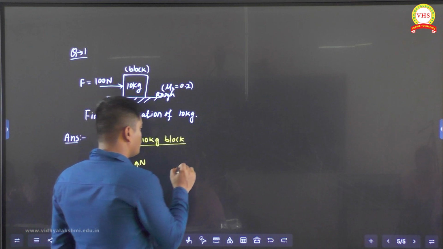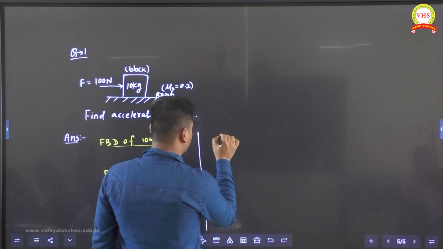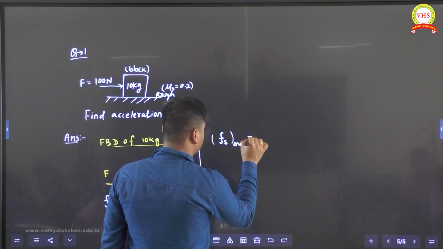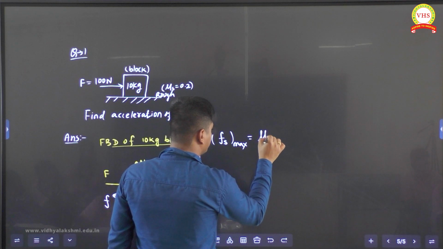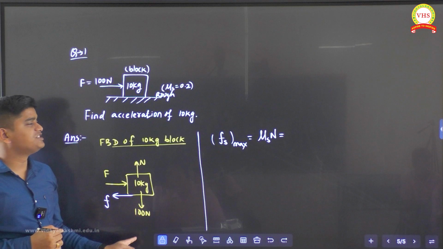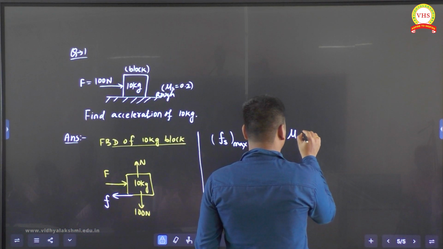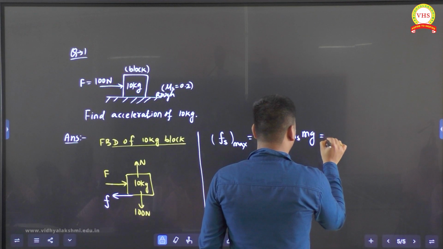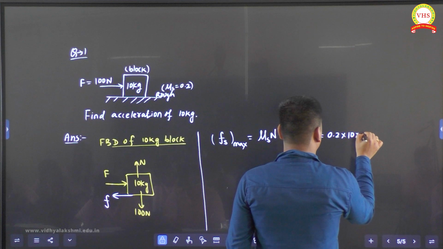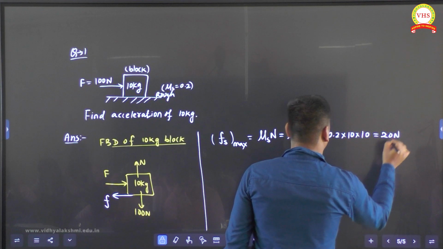To find the acceleration of the 10 kg block, first check the maximum static friction acting here. That is mu s into N. In this case N and mg are the same, so it is mu s into mg, which is 0.2 into 10 into 10. This comes to 20 Newton.